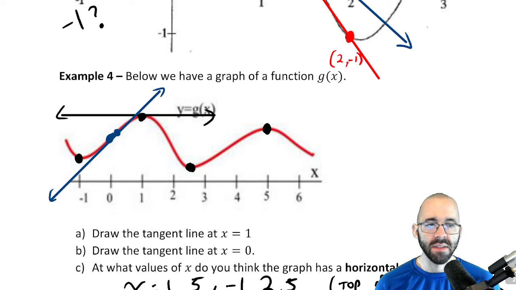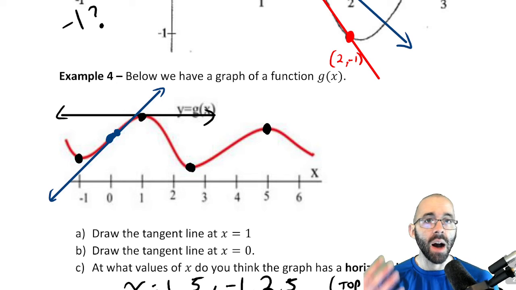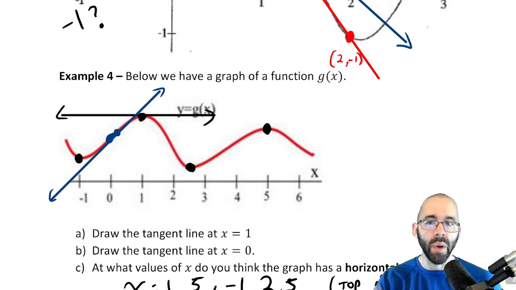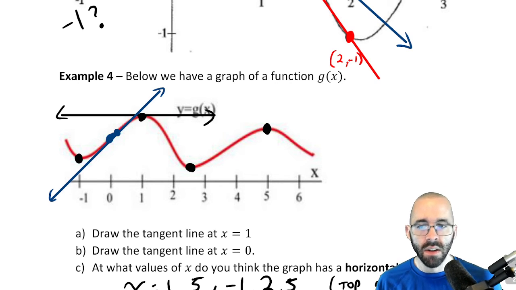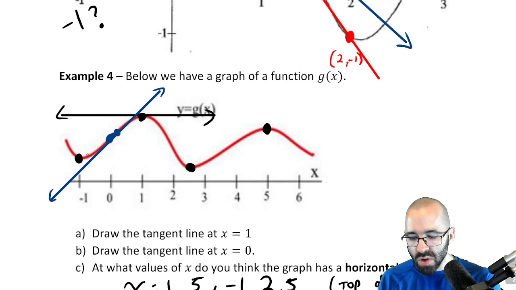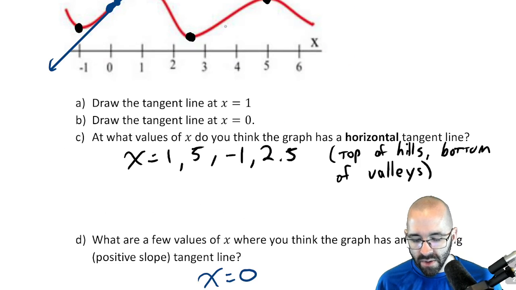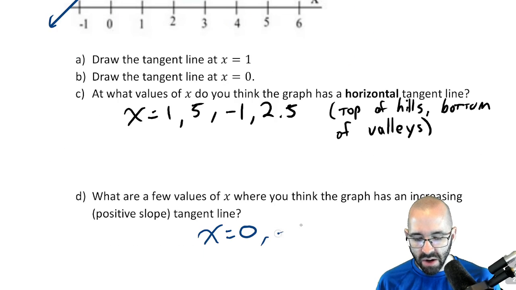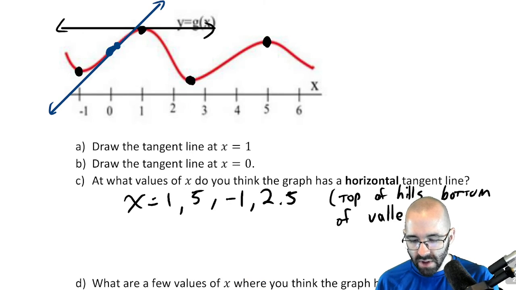What are some other points? Well, anytime that the red graph is going up from left to right, we'll have an option. So actually, any point between -1 and 1 would be a good choice. Any point between 2.5 and 5 will be a good choice. The function is going to be increasing there. You can choose whatever ones you want. So we could say -0.5 would be one.